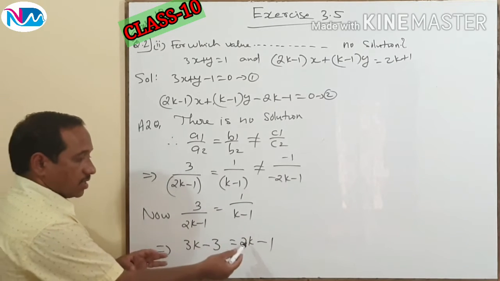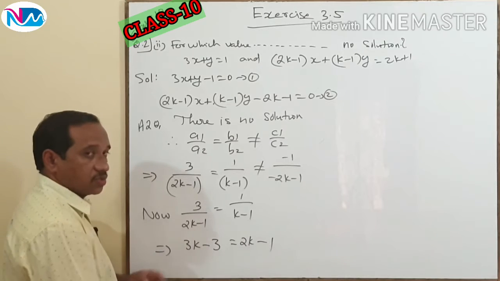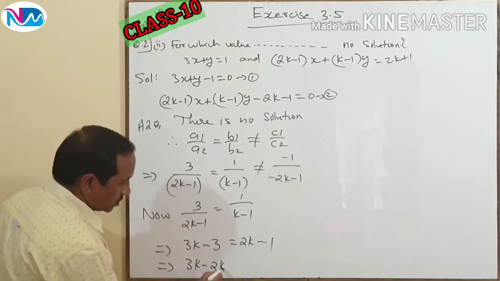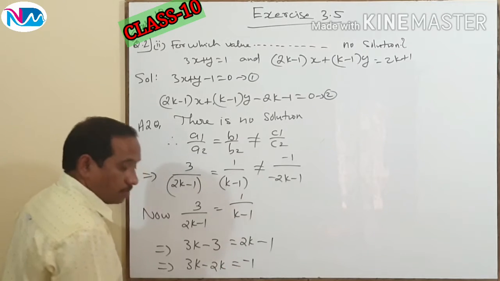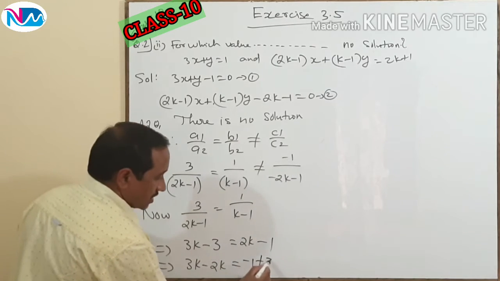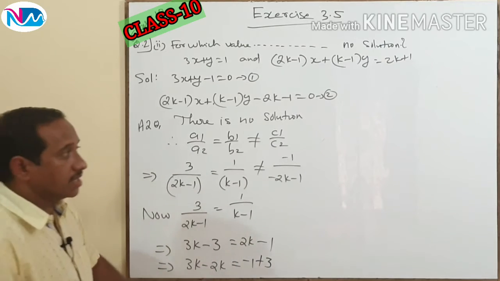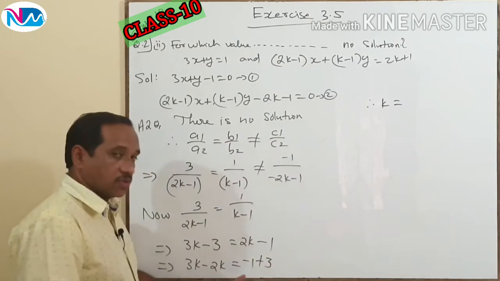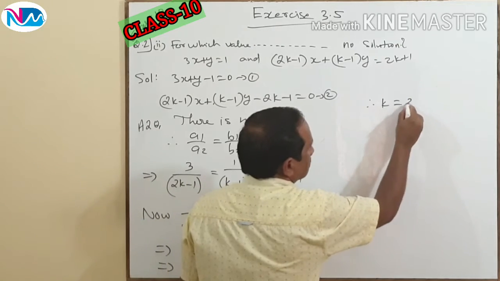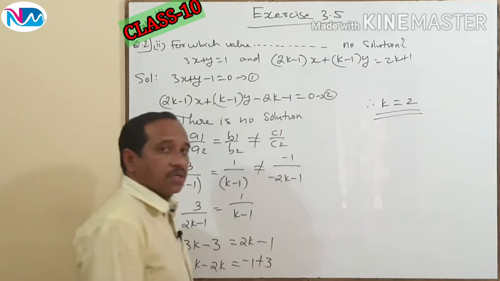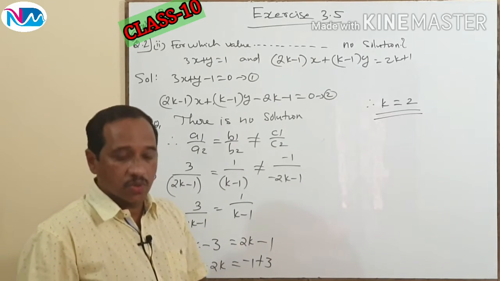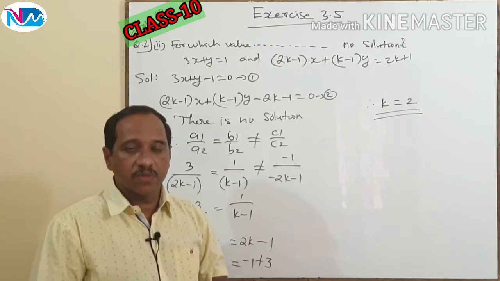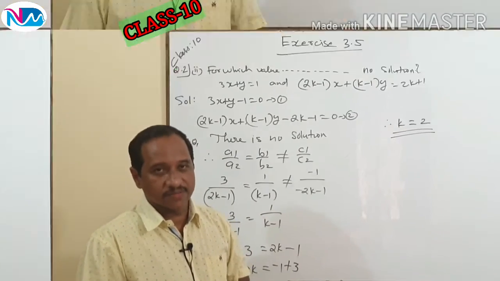Next, I take 2k to LHS and minus 3 to RHS. We get 3k minus 2k is equal to minus 1 plus 3. 3k minus 2k is k. Therefore, k is equal to minus 1 plus 3, which is 2. Therefore, the value of k is 2 if these two linear equations in two variables have no solution.